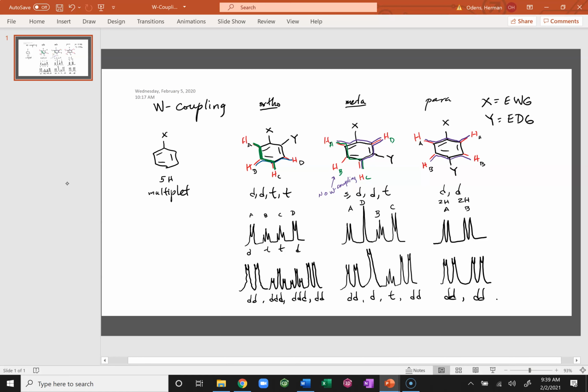That means that my signal A is now going to be split further. It was a doublet before, right here, and now it's a doublet of doublets. It's this one right here. This is still A. So each little tip of the peak will be split further.